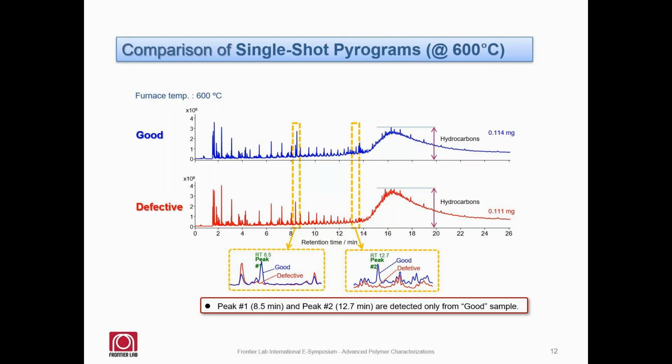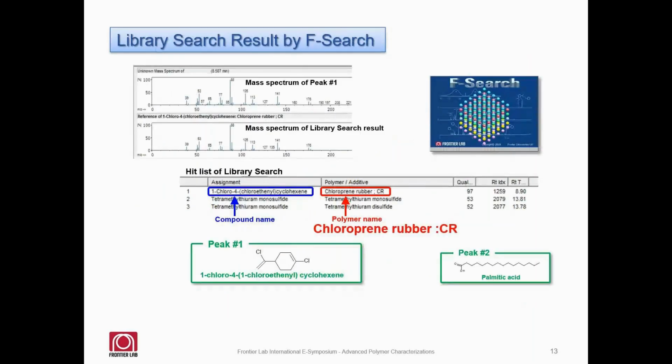To know what these peaks are, we have quickly performed the F-Search using our F-Search software system, and we found out that peak 1 is 1-chloro-4-(1-chloroethyl)cyclohexene, which is from CR, that means chloroprene rubber, and peak 2 is palmitic acid.